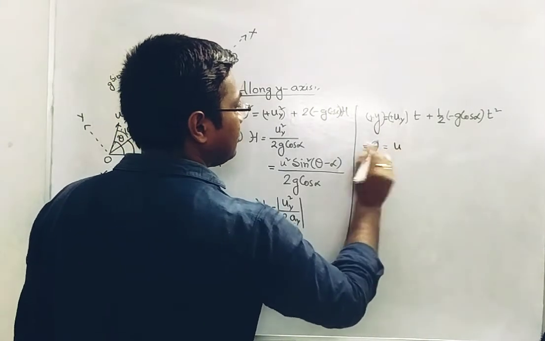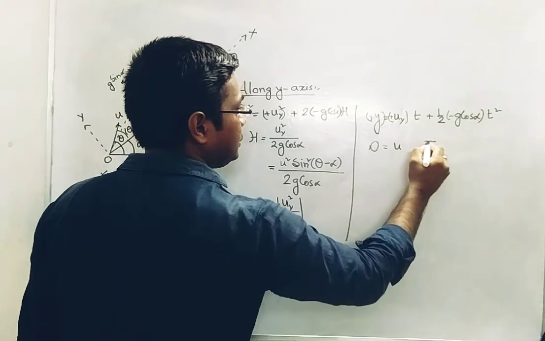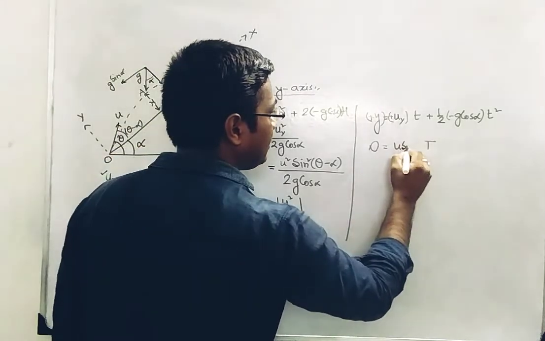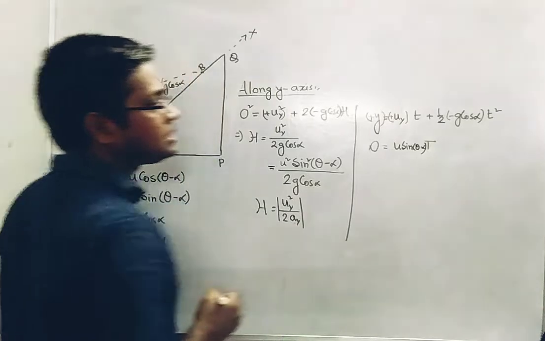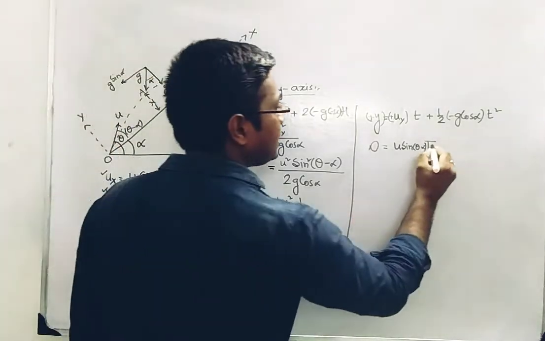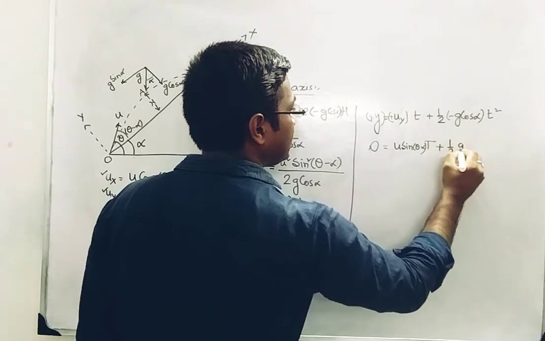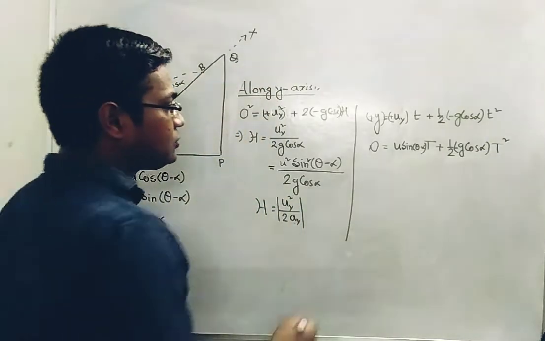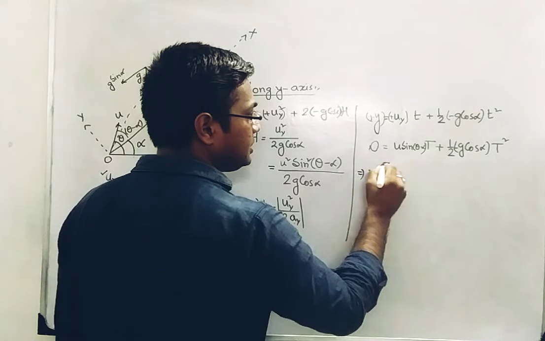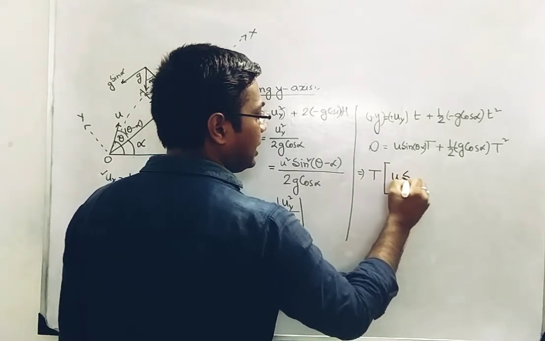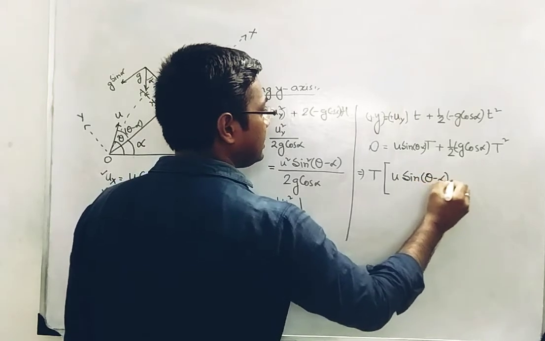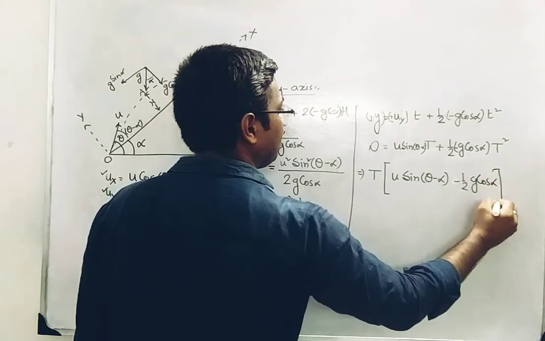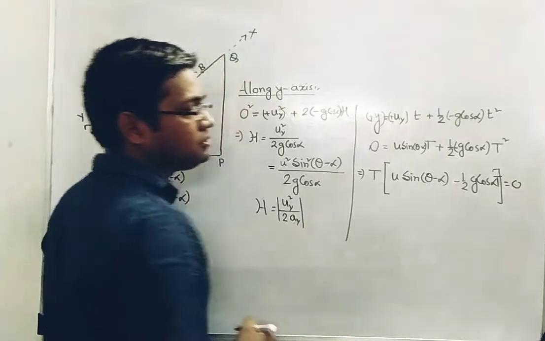So we can consider t as the total time of flight, capital T, and putting in the values, 0 equals u sin(theta minus alpha) times T minus 1 by 2 times g cos alpha times T squared. So taking T common, T times [u sin(theta minus alpha) minus 1 by 2 g cos alpha T] equals 0.